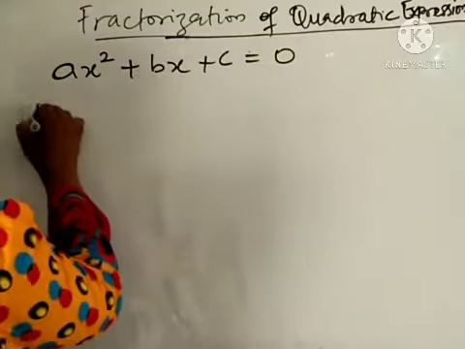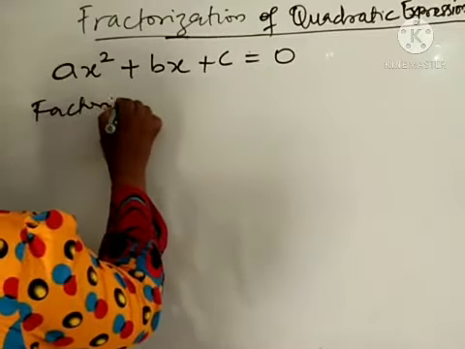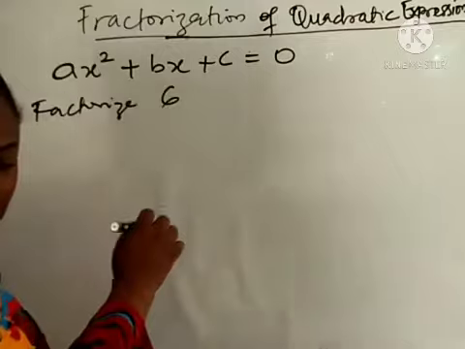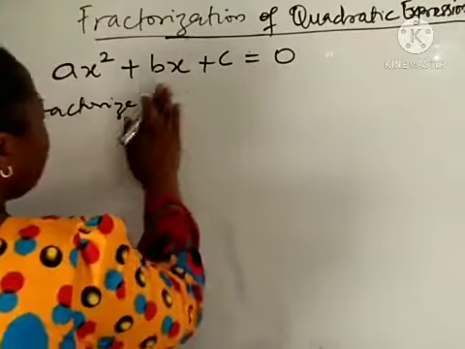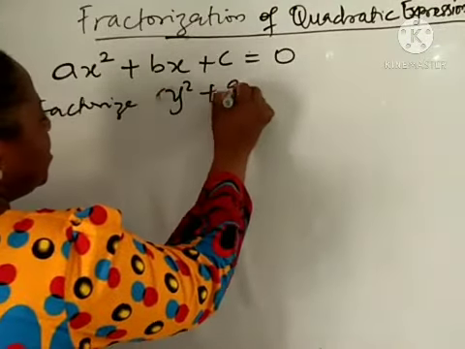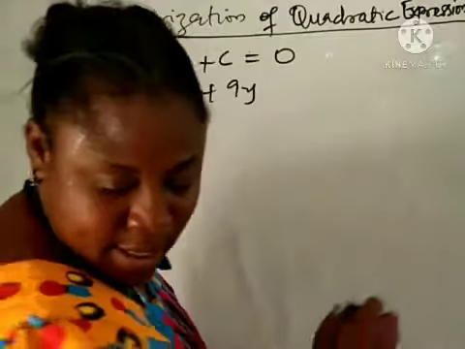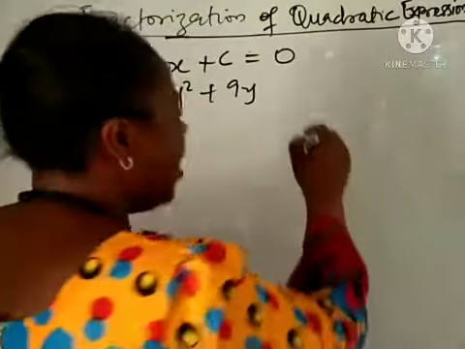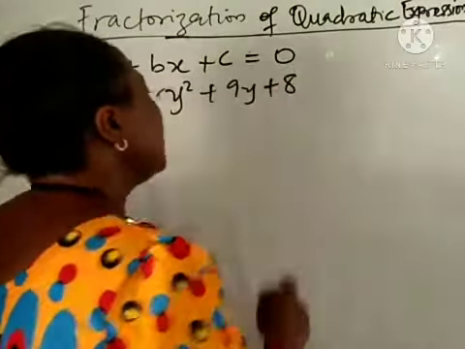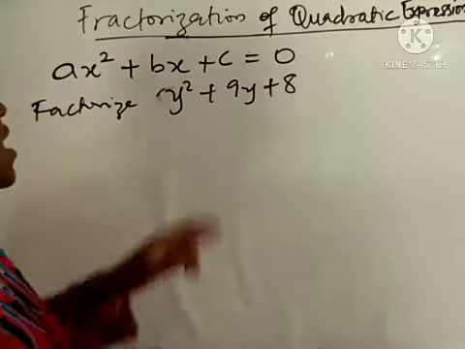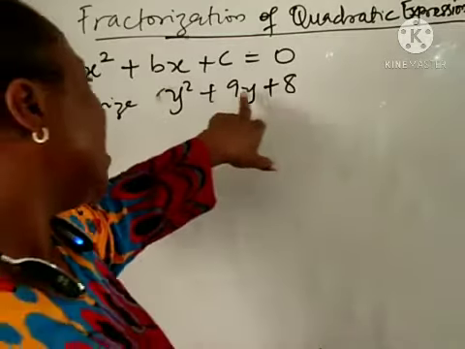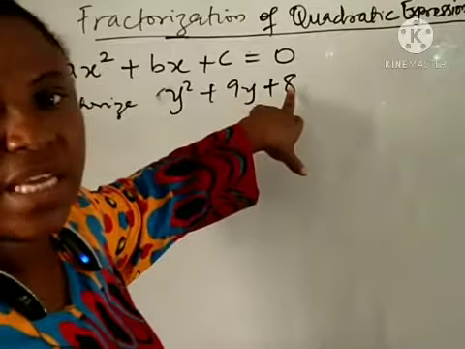It says factorize 6y squared plus 9y plus 8. Now we have to factorize y squared plus 9y plus 8.